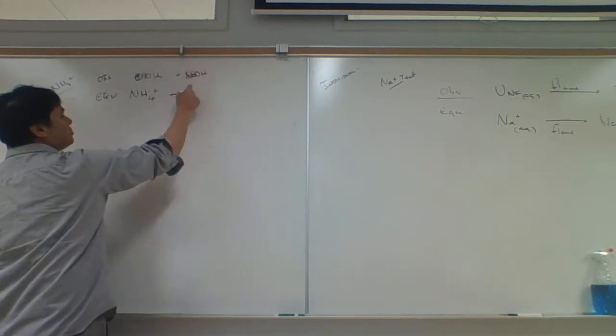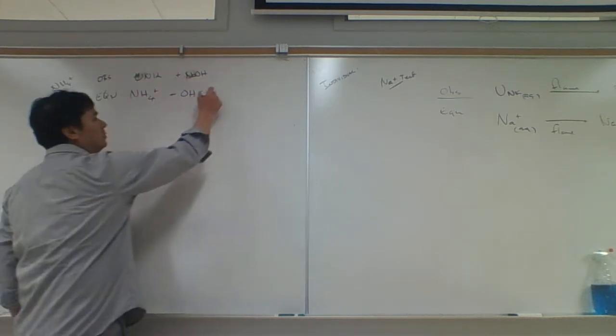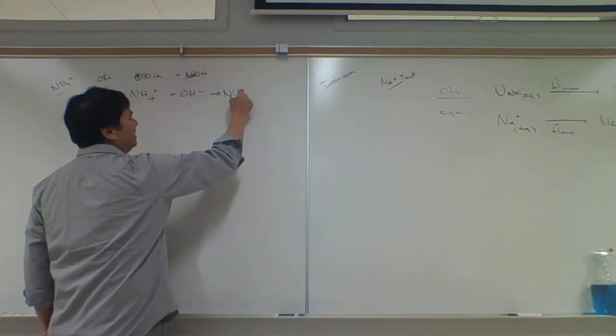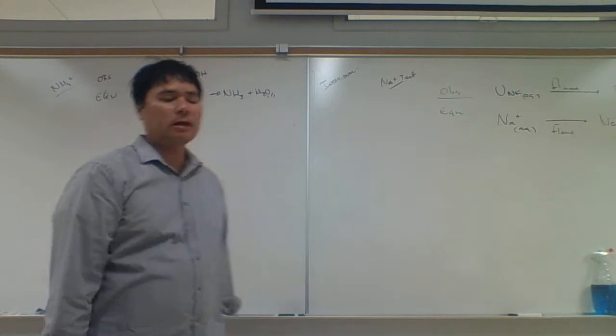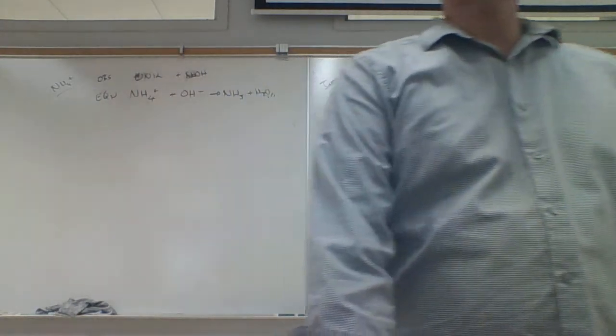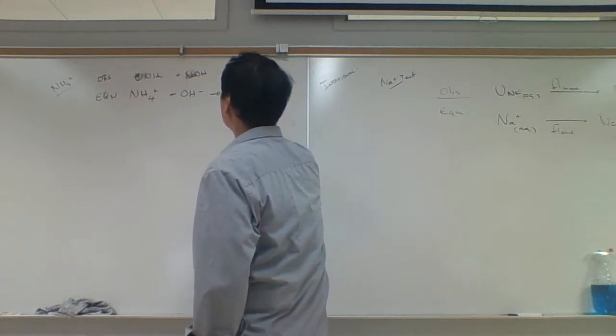And so if I react this with hydroxide, what does it form? Well, ammonium and hydroxide form ammonia and water. Ammonia is very polar, and ammonia can hydrogen bond with water, and so most of the ammonia is going to stay dissolved as aq.